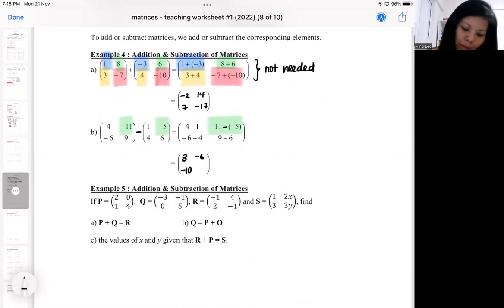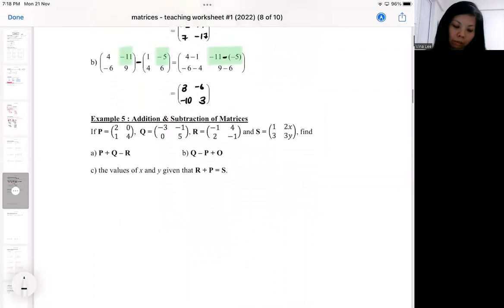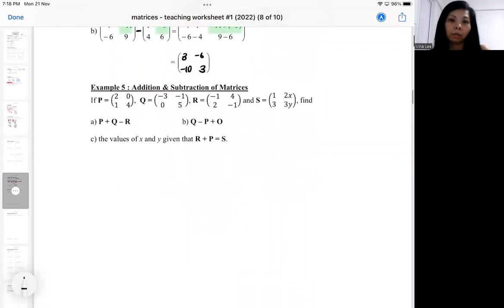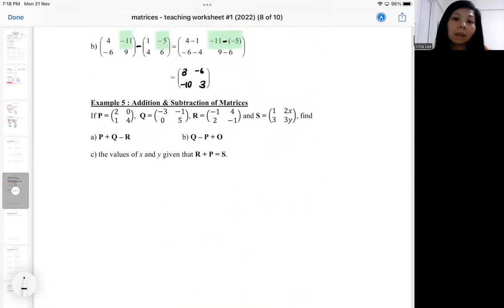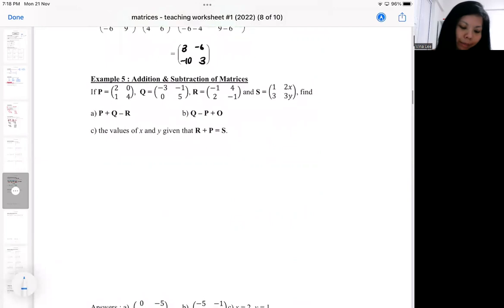Otherwise, it will be quite simple as well. So whatever is it, when you add or subtract matrices, you will be doing it with same size matrices. Okay, so sometimes the operation can be a bit more challenging like this, but it's not really very challenging. It's just that you are dealing with a lot of numbers.